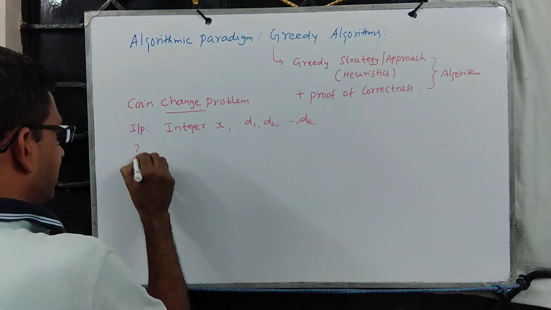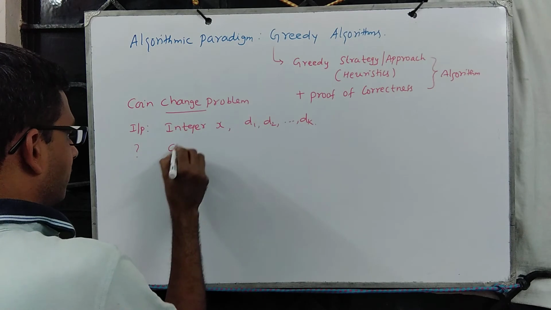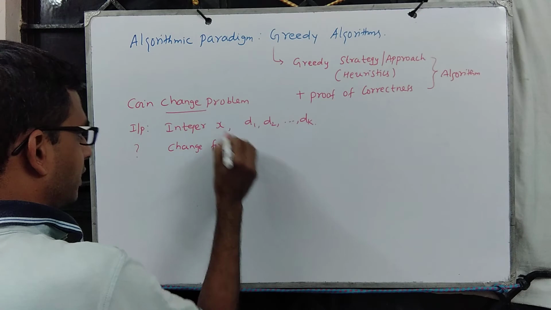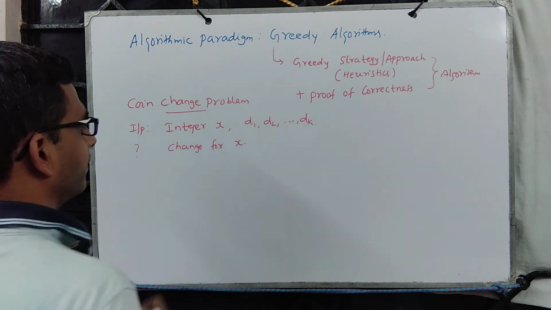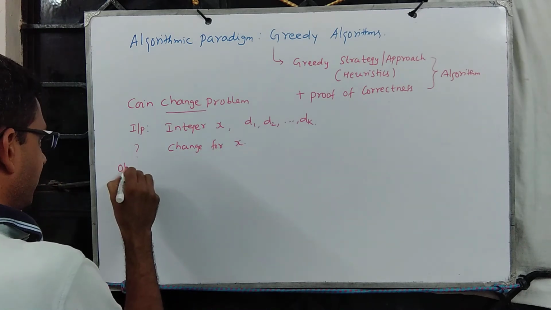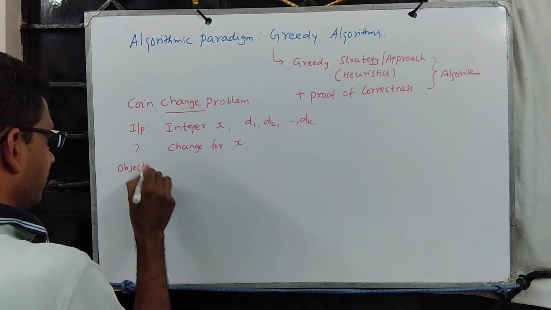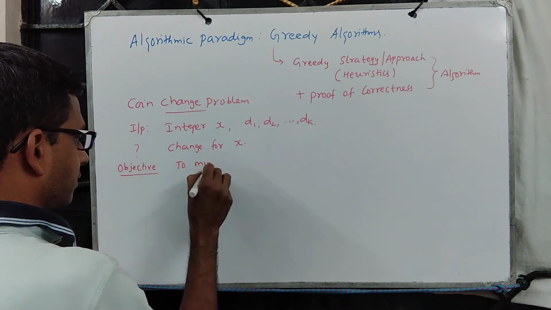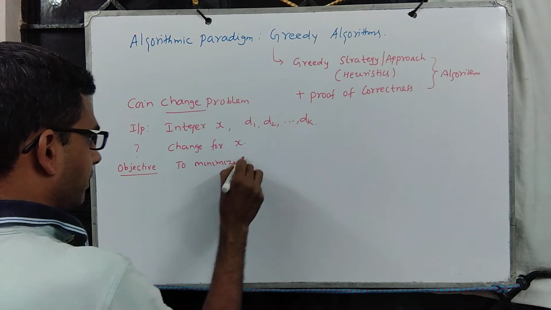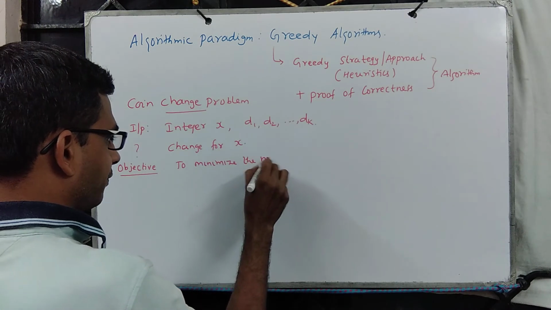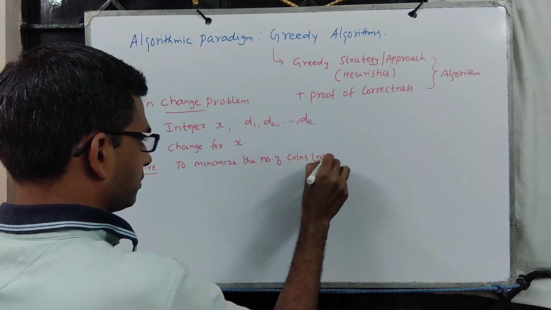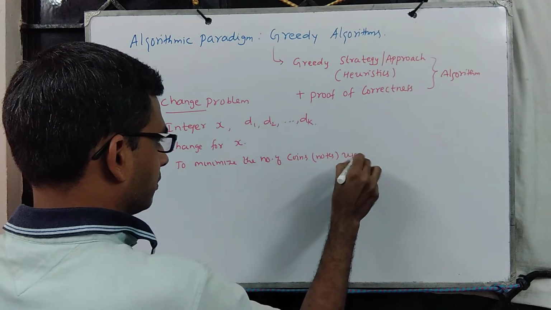The question is, you are asked to give change for x. What is the objective? The objective is to minimize the number of coins or notes used.